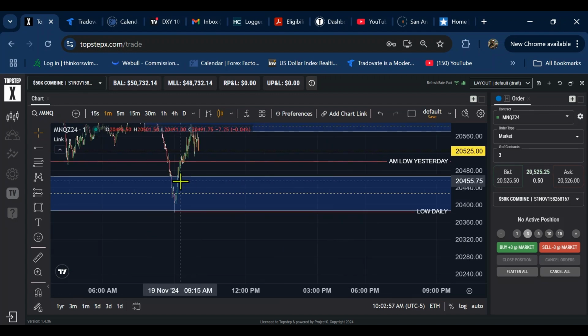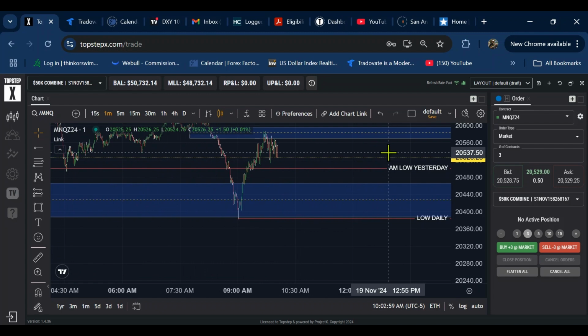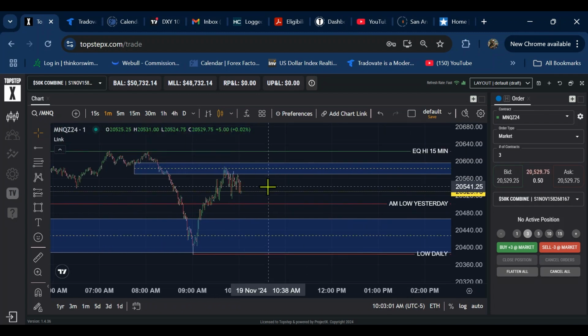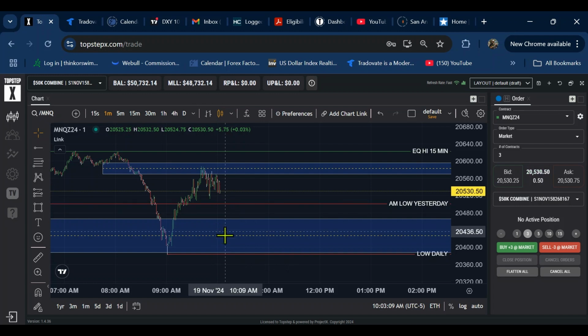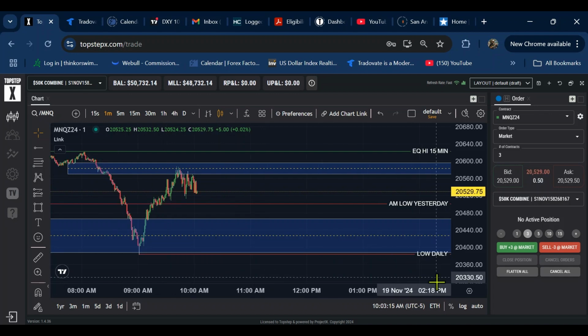So we have a possibility of trading lower since we are respecting this, but this is also a fair value gap on the 4-hour. So we could just come back down and respect that area. Right now, we're just dancing between 2 fair value gaps.